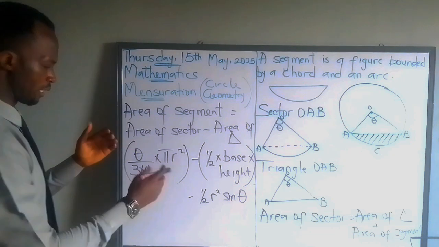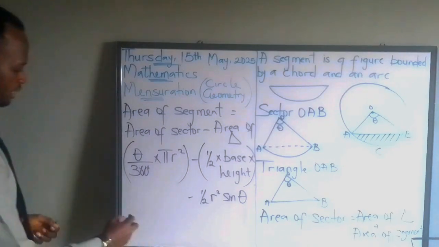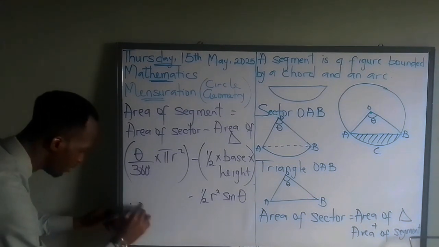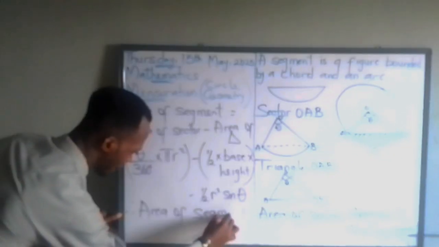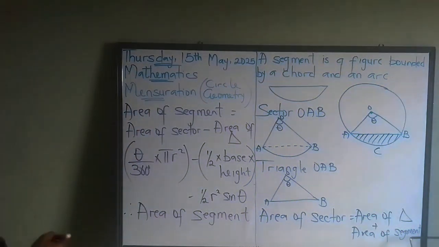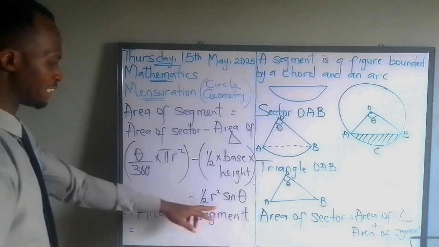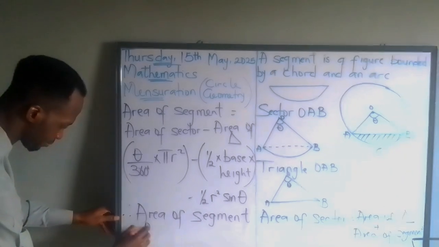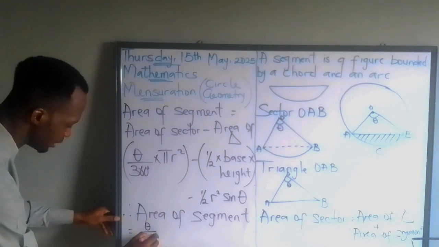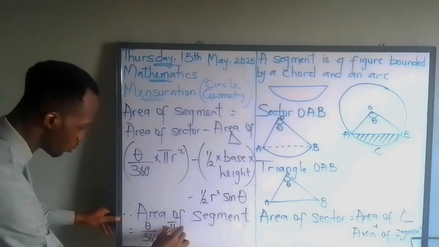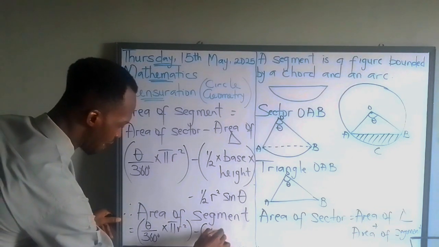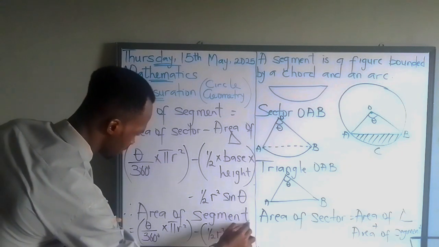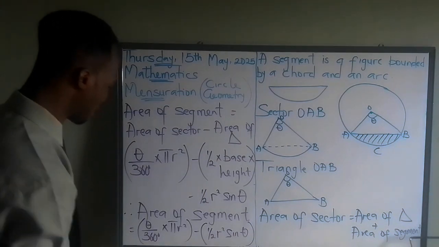Now we can go on to factorize. So we say that therefore area of segment is equal to theta over 360 degrees times pi r squared, minus 1/2 r squared sine theta.